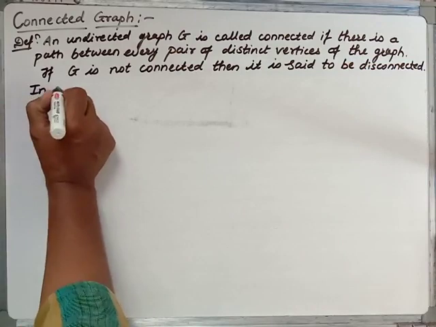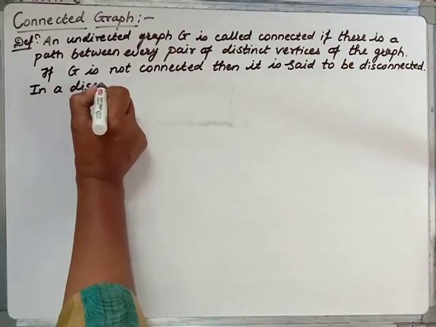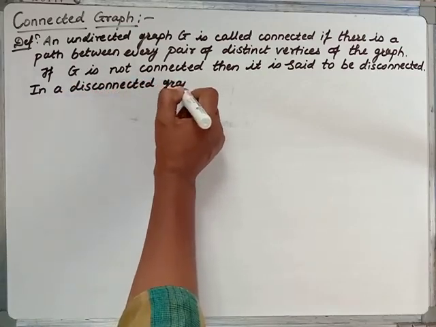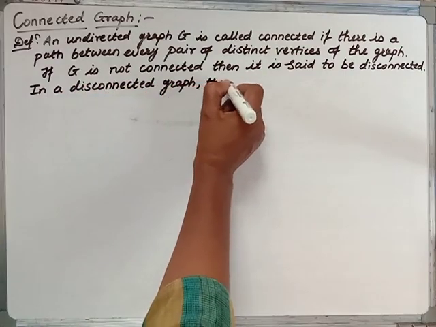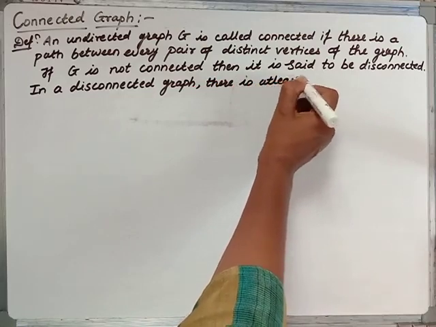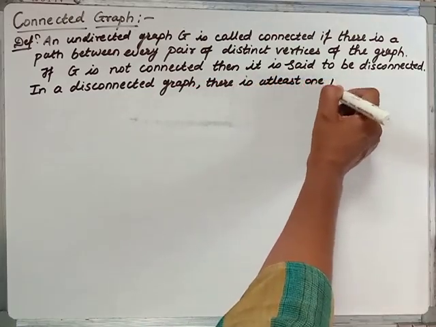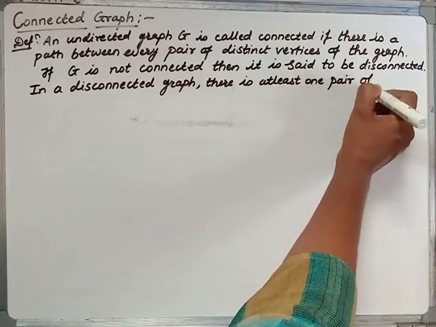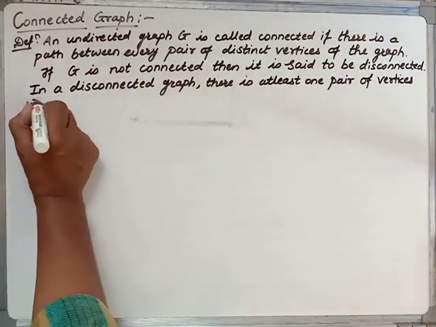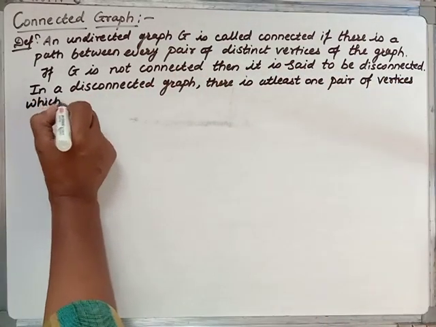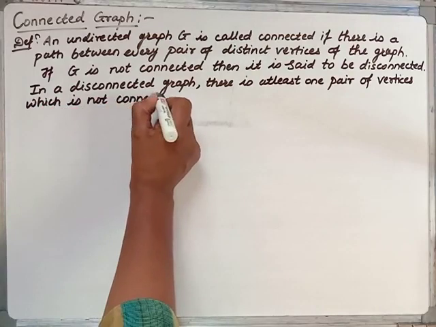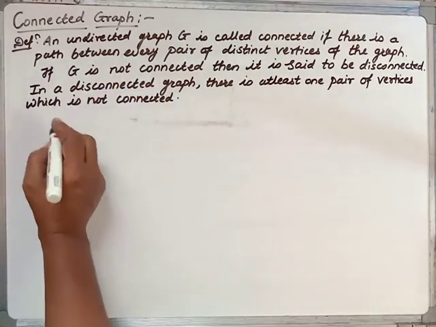In a disconnected graph, there is at least one pair of vertices which is not connected.